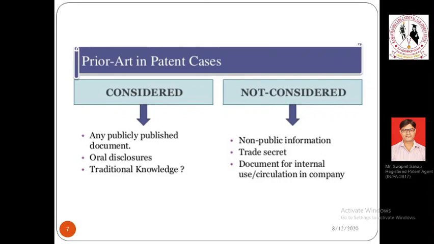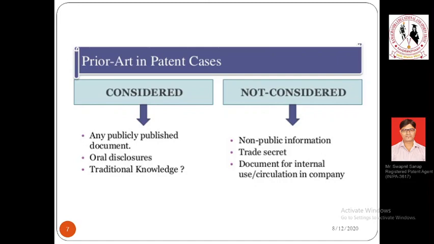So in short, whenever we ask which database or source is considered for patent searching, the immediate answer is that whatever is available on the internet is considered as published knowledge, right?